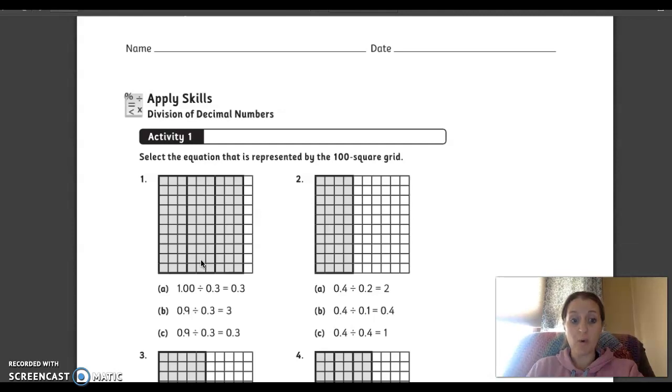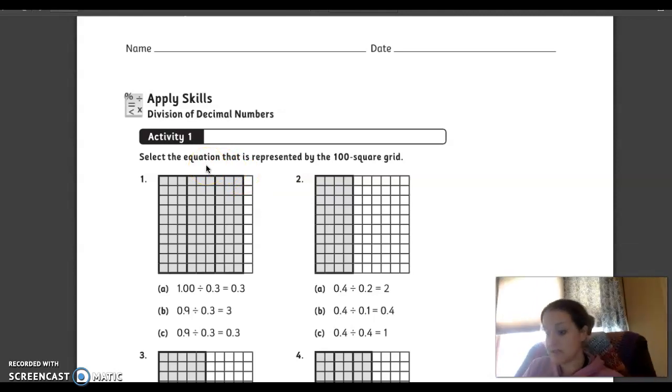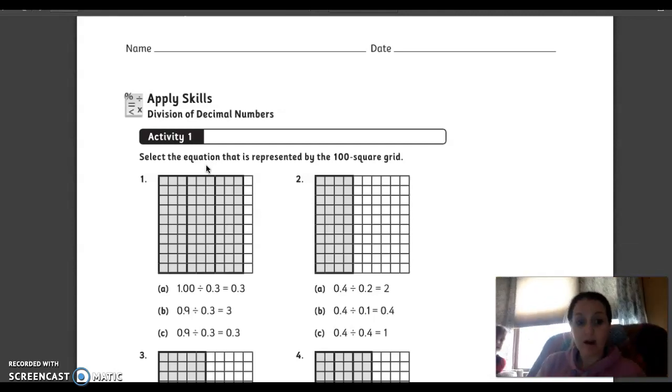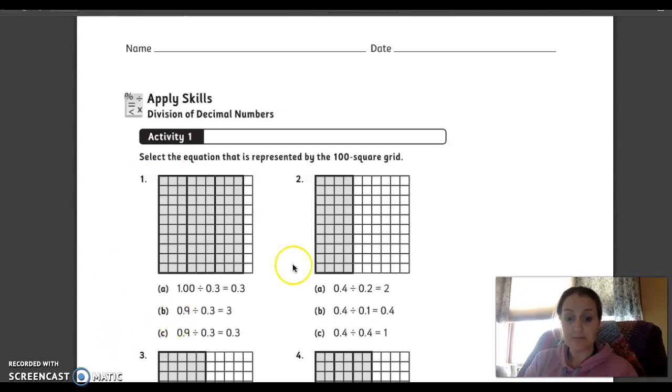And then we know that we have divided it into 3 sections. Do you see how there's 1 section here, 2 sections here, 3 sections here? So we have 0.9 divided by 0.3 equals 3. So our answer for that one is B.